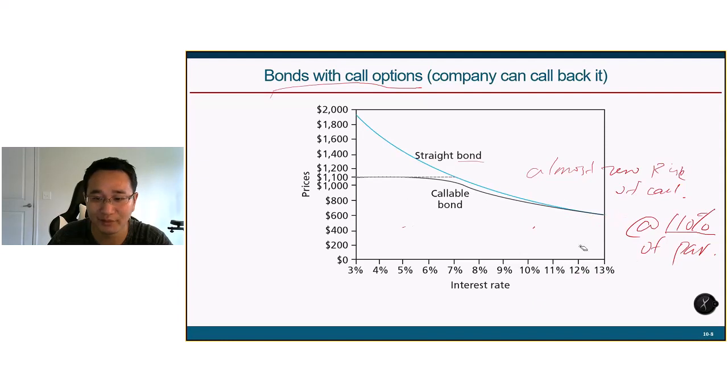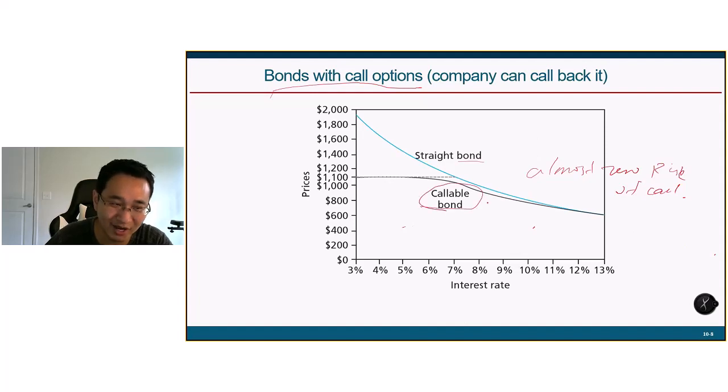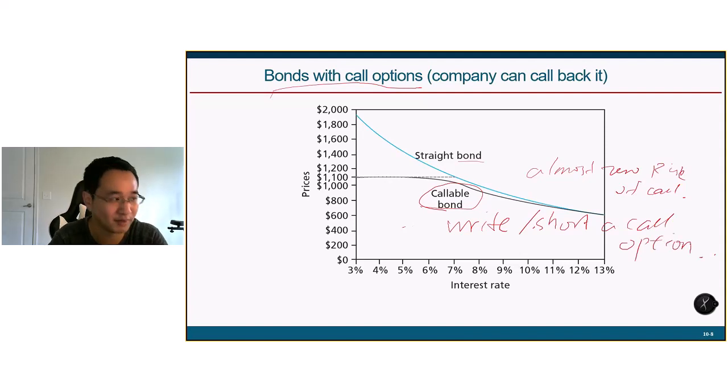So this is a really important concept. When you buy a callable bond, you essentially short a call option. So this is what a callable bond means.